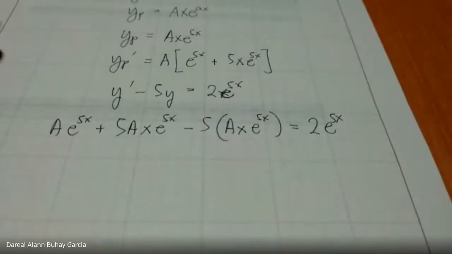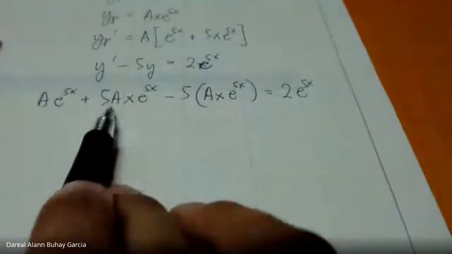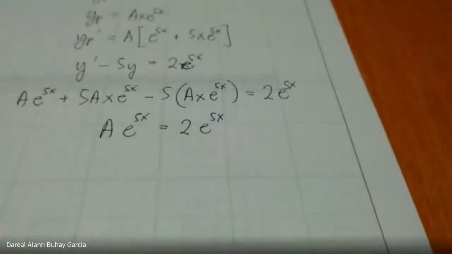Simplify. So the other terms cancel, equal to 0. So a e to the 5x is equal to 2 e to the 5x. Divide both sides by e to the power of 5x. A is equal to 2.